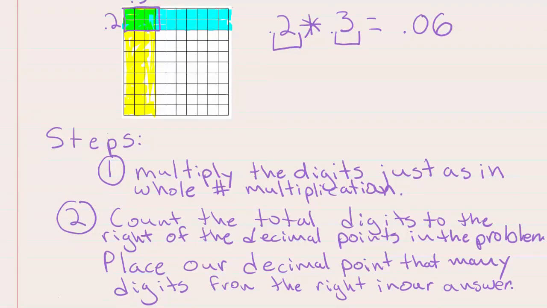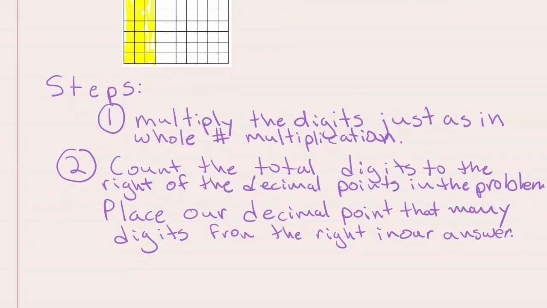So right here we have 1 digit after the decimal point, 2 digits after the decimal point. So in our final answer we need to have 1, 2 digits after the decimal point.